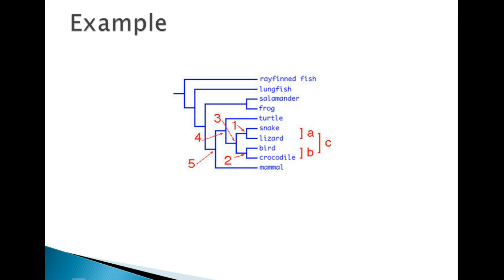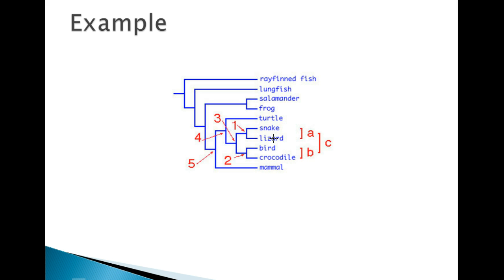Okay, now let's look at an example of a cladogram, a real one, and see if we can make some sense of it. Now, in this example, note that the terminal nodes snake and lizard are sister taxa. So let's get the drawing tool up here, and let's find the snake and lizard. So the snake and lizard are considered sister taxa. You get that, right? Because they're so close to each other, they're considered sister taxa.